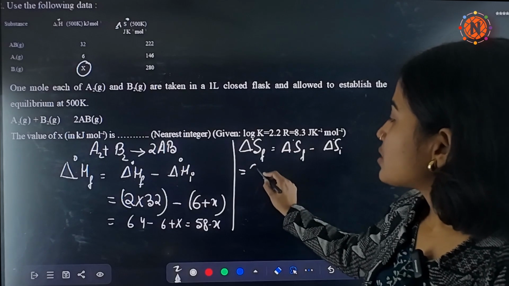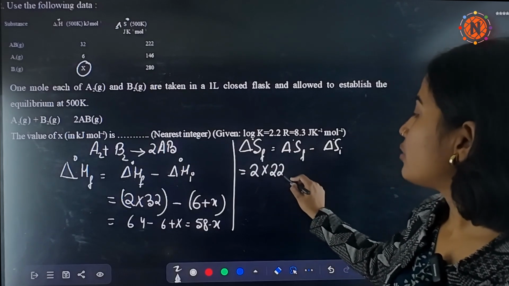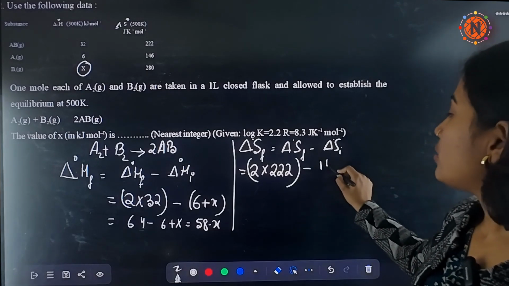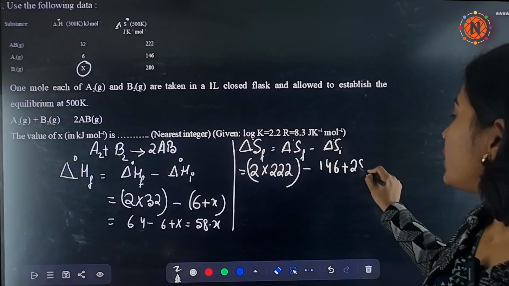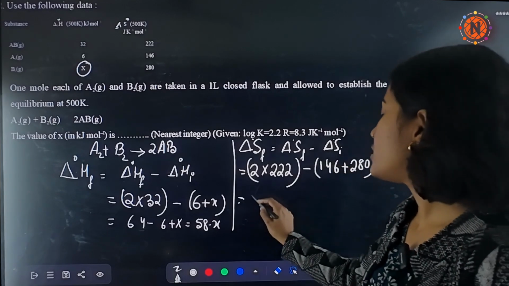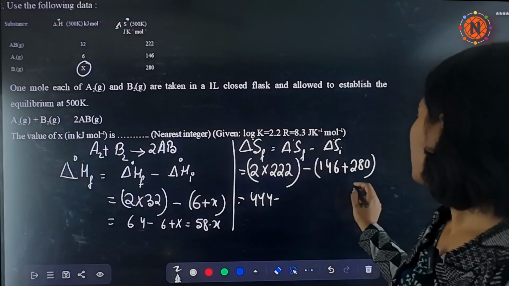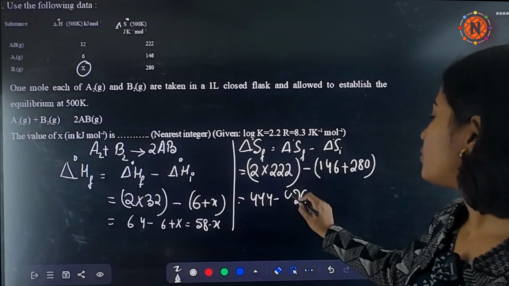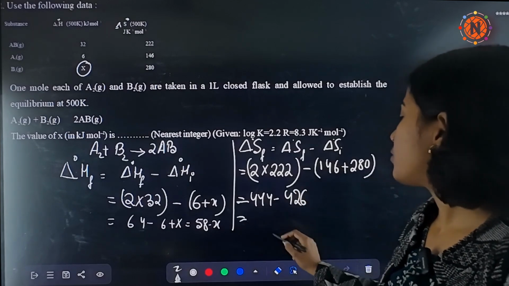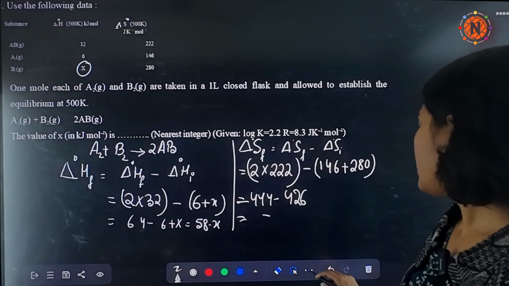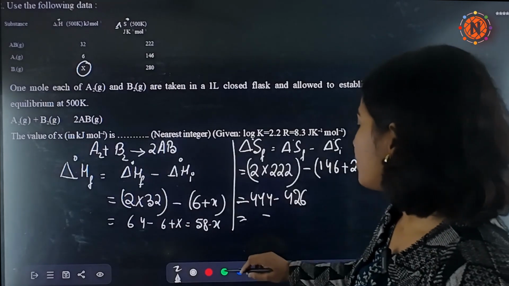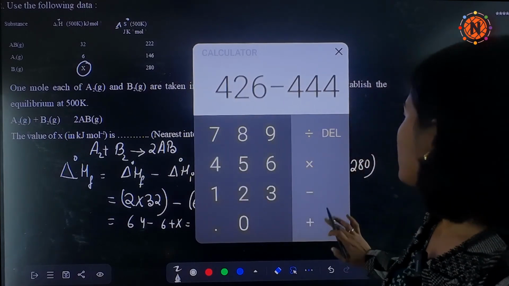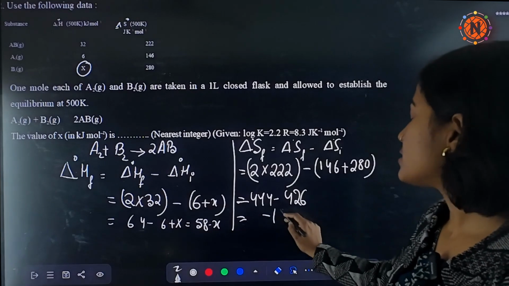So in final it is 2 into 222 minus 146 plus 280, which gave us the result as 624, that equals minus, I think it will be 18. Let's confirm it. 426 minus 444, that equals, yeah, it will be minus 18.